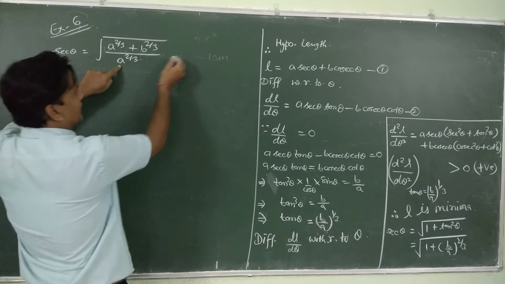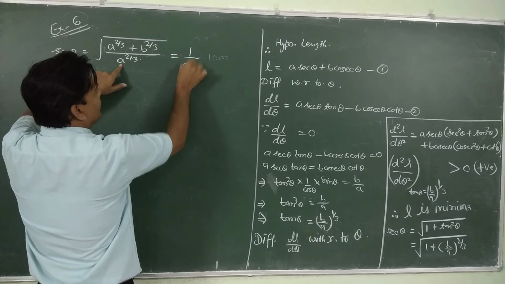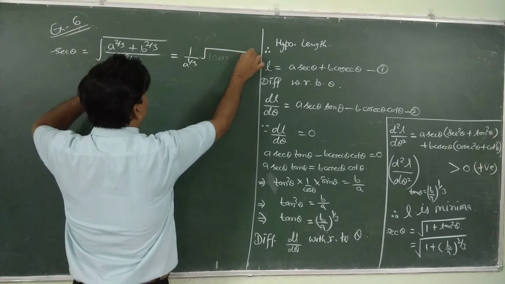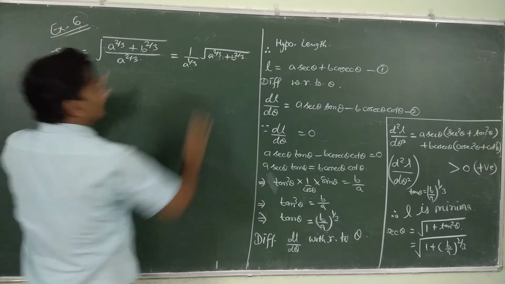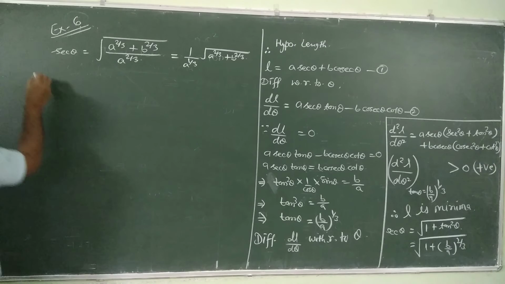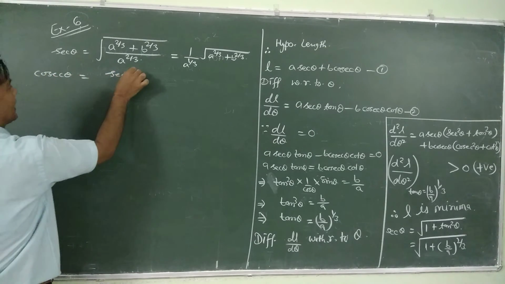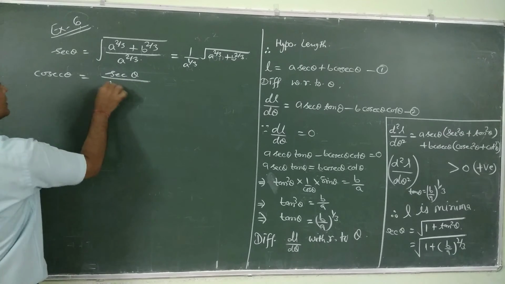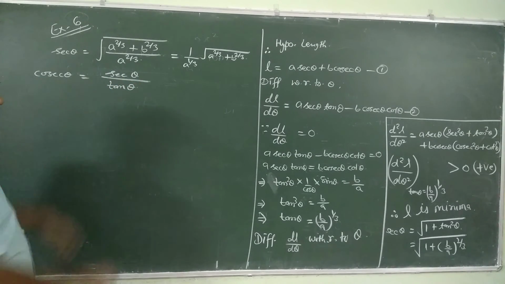If we take the square root of the denominator's term, we can write A raised to 1 by 3 times root of A raised to 2 by 3 plus B raised to 2 by 3. Now we know that cosec theta is also given by sec upon tan. This is the formula used to find the value of cosec also.